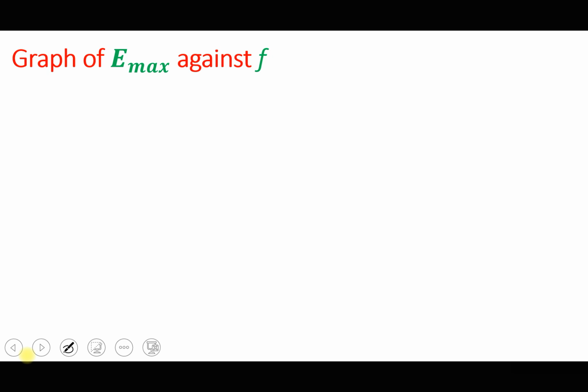Let's talk about the graph of kinetic energy against frequency. Remember in a previous slide we mentioned that when the intensity was increased in the previous experiment with an evacuated tube, which we call a photocell, with the frequency remaining the same, we saw that the current increased but the stopping potential did not change.